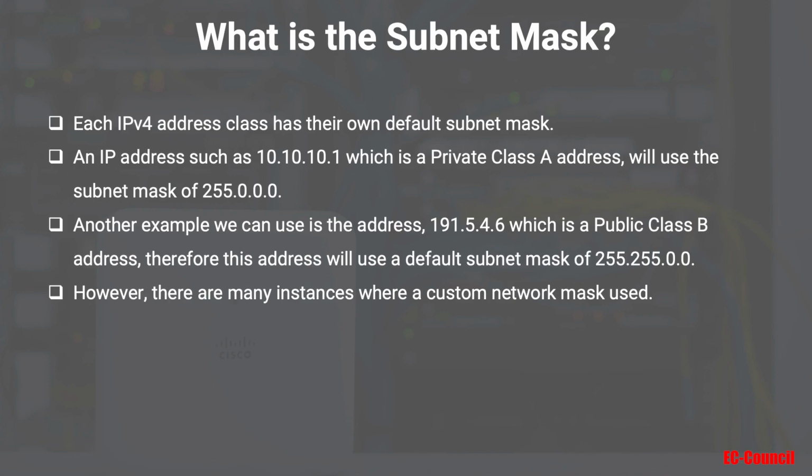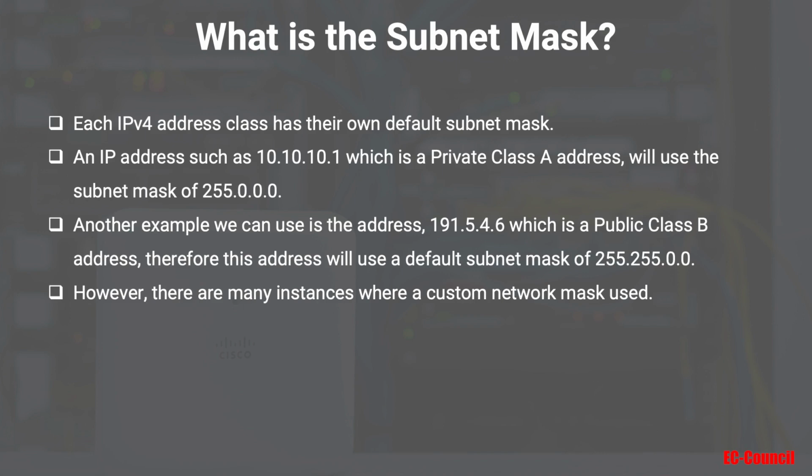Each IPv4 address has its own default subnet mask. So an IP address such as 10.10.10.1, which belongs to the private Class A address, will use a Class A subnet mask of 255.0.0.0. Another example is this IP address, which is 192.5.4.6.